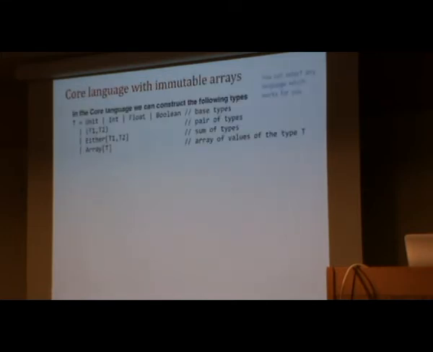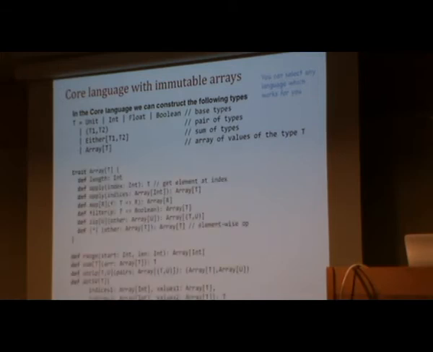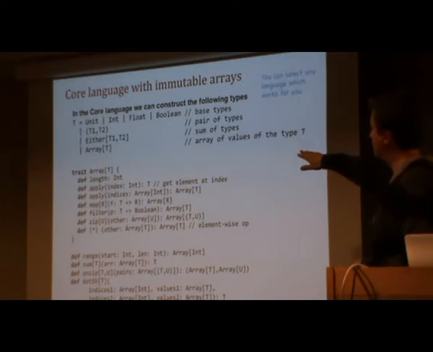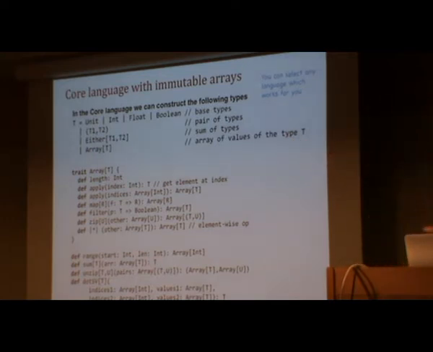So, the core language is like this. You can select, in fact, any language you want. It's just a matter of choice which core language you want to specialize to. But you need to have data types in the language, and we use a family of data types.